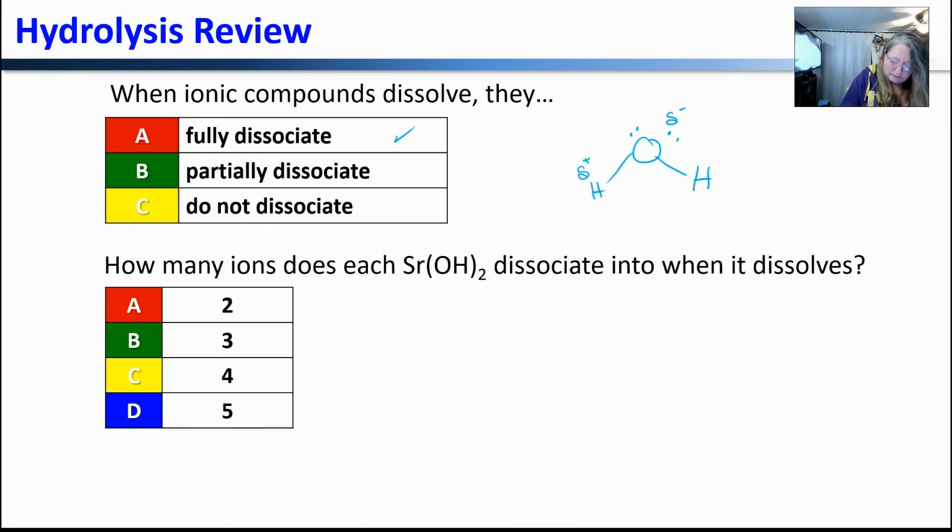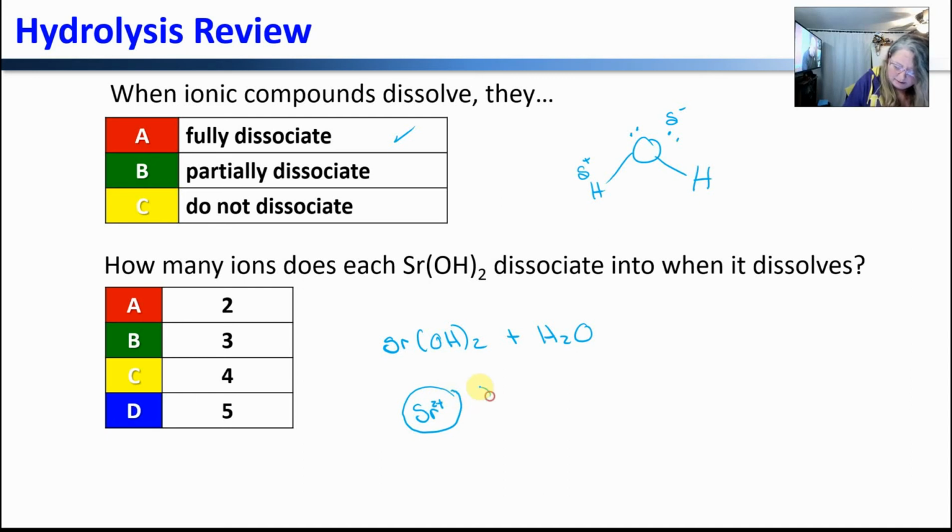So let's take a look at this. What do I have? I'm going to do hydrolysis with strontium hydroxide, plus H2O. I have this solid that's like this strontium little sphere. What am I making that? 2 plus. Sorry, I knew that was wrong.